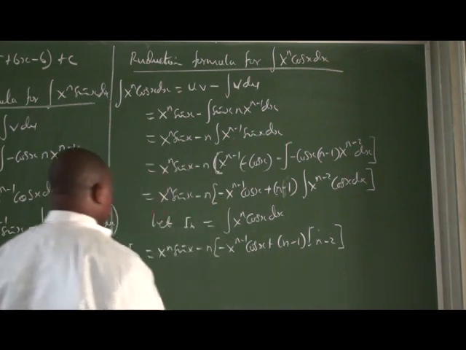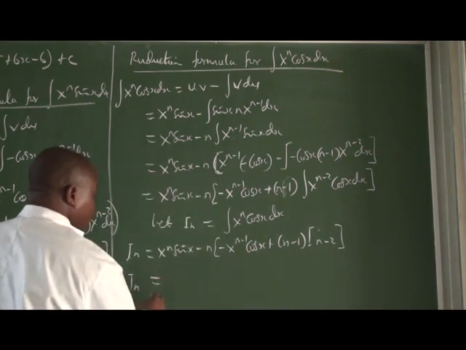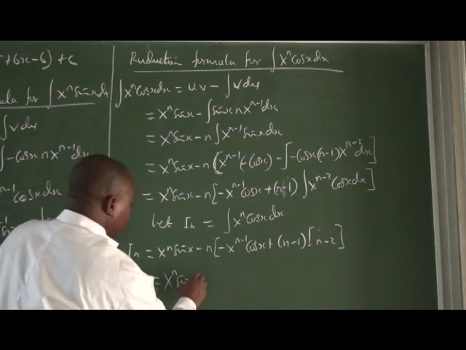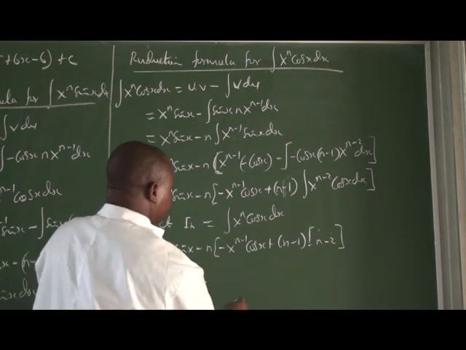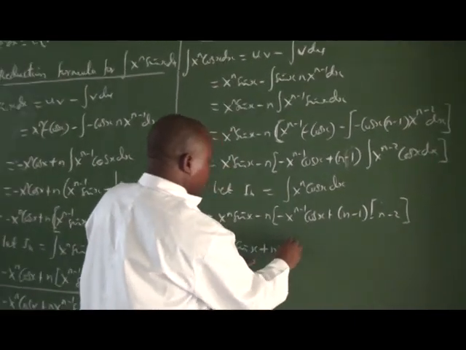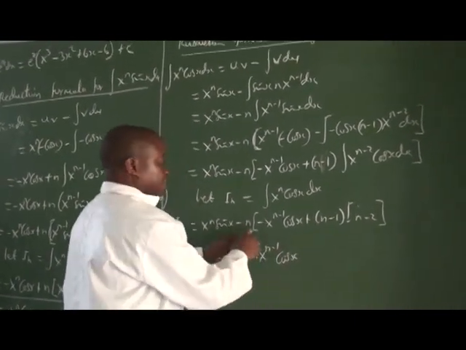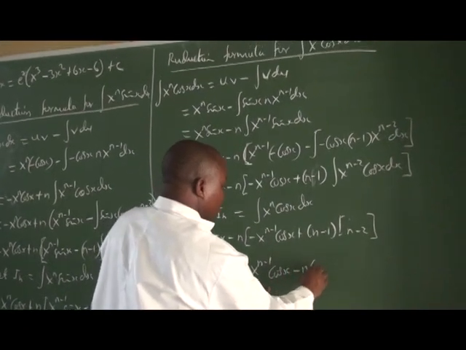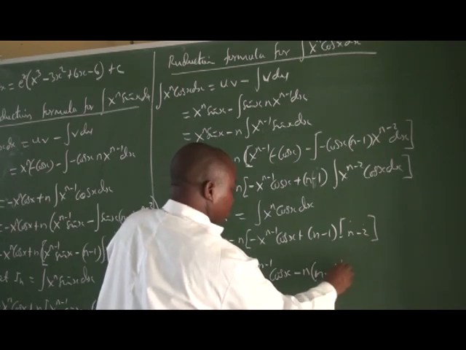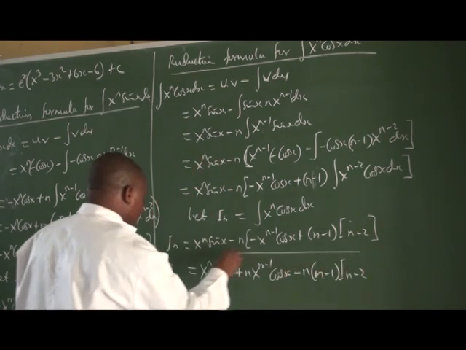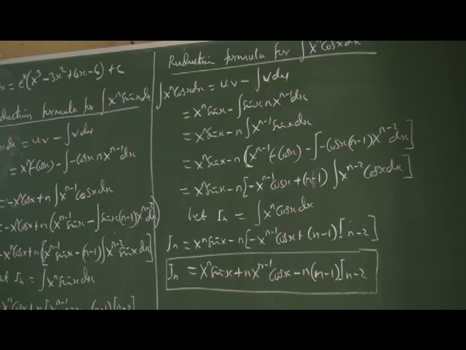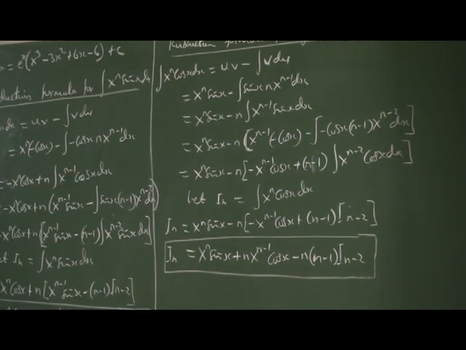Look at that. And that means I n will be equal to x^n sine x, of course this time plus n x^(n-1) cos x, then this time minus n(n-1) I n minus 2. So this one becomes the reduction formula for the integral of x^n cos x dx.